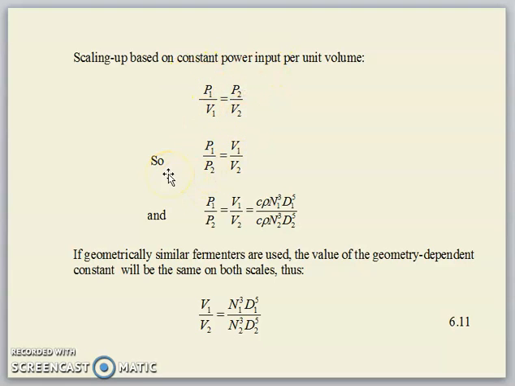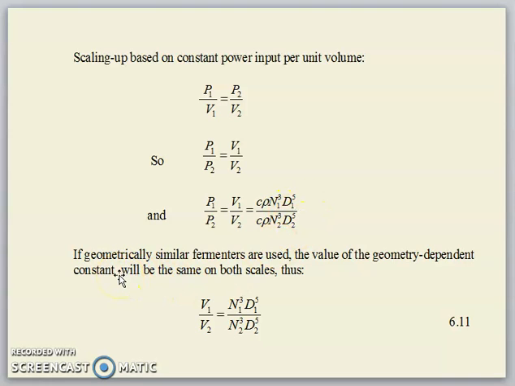So you can rearrange the equation into P1 over P2 equals V1 over V2. And it can also be substituted with the equation P equals C rho N power of 3 D power of 5 just now.